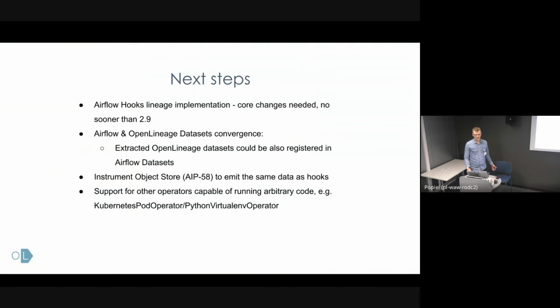So right now, whenever there is some event registered on an Airflow dataset, we could emit some additional OpenLineage event, and in the opposite direction, we could parse and create OpenLineage datasets as inlets and outlets, and let Airflow know that some dataset had been changed. So that would be a bidirectional benefit for Airflow and OpenLineage. There is also AIP-58.